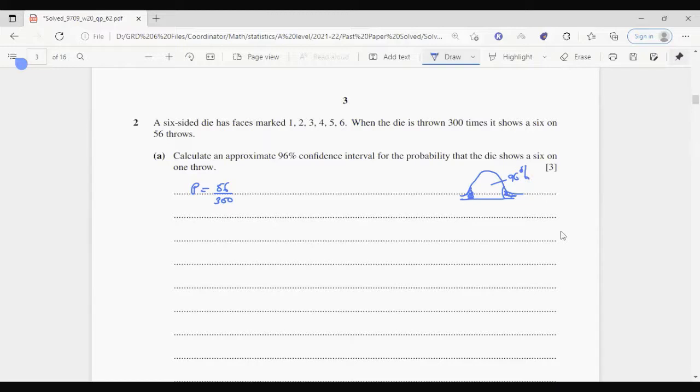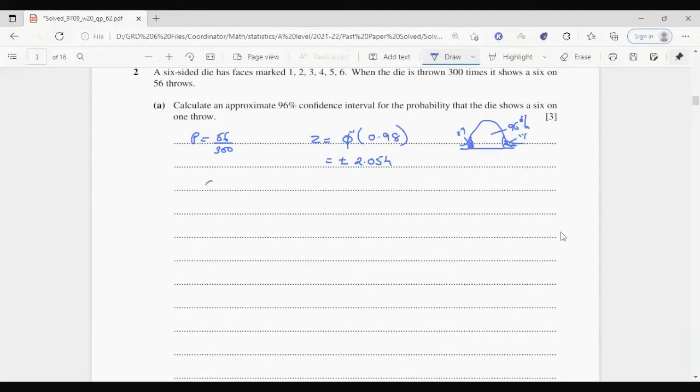So the remaining 2% is here, 2% is here. So z is the same as inverse normal of 0.98. That will give you a value plus or minus 2.054.